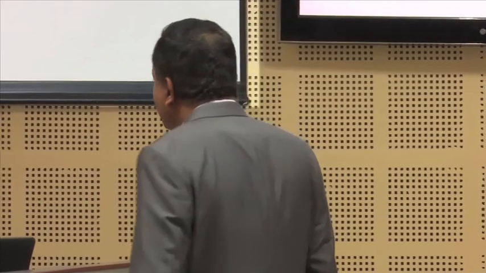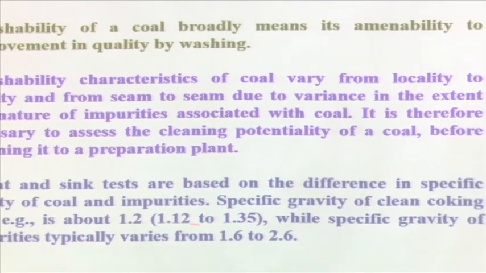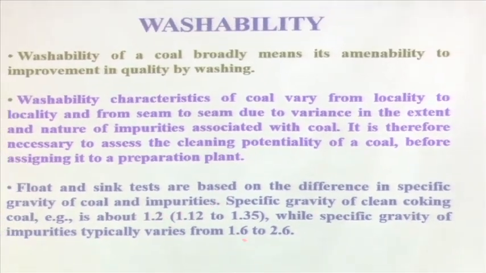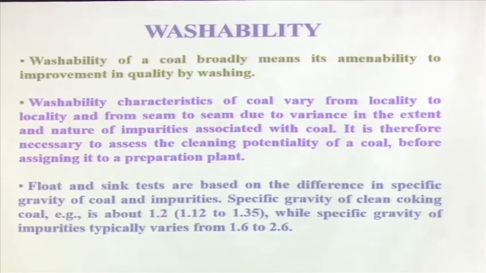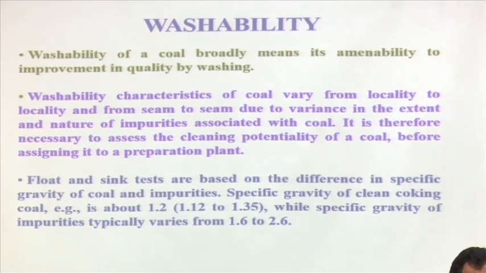Mostly I have to concentrate between 1.4 to 1.8, or maybe to some extent up to 1.9 or 2. Okay. So, if I know there is a specific gravity difference between my carbon rich part and mineral rich part, then the same settling velocity differential principle I can apply to separate them.